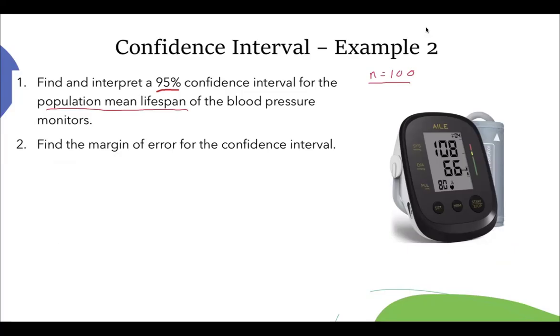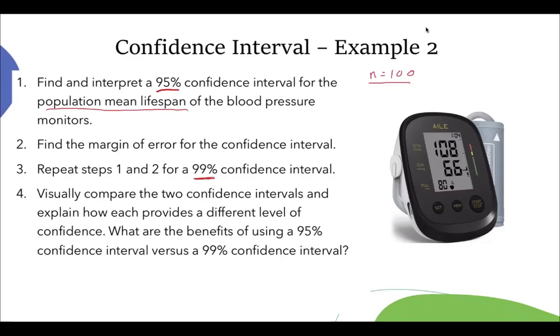We're going to also calculate the margin of error for the confidence interval, and we're going to do the same thing again, but we're going to change our confidence level from 95 to 99. And then we're going to visually compare these two confidence intervals and explain how each provides a different level of confidence. What are the benefits of using a 95% confidence interval versus a 99% confidence interval?